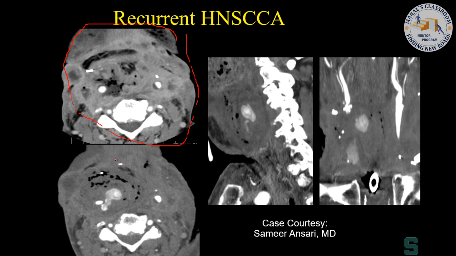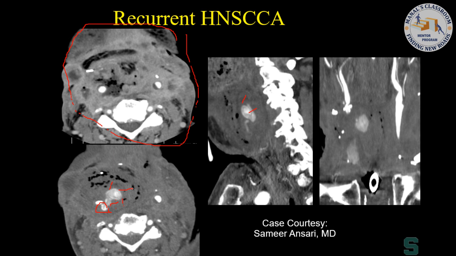Now, does anybody know what I'm seeing right here? What's that? It's actually not necessarily a pseudoaneurysm, but with a leap of faith, there's an artery here, and what's coming out of this artery? Contrast.